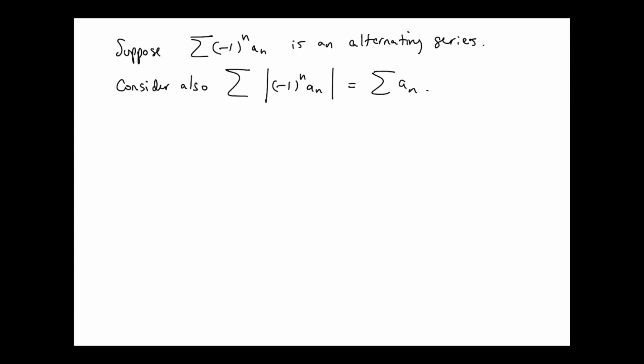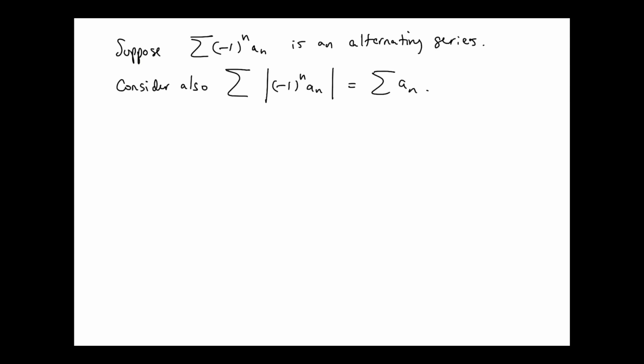That gives me a new series, the non-alternating version. Now I have two series on the table. What's possible? One of them could converge and the other diverge. They could both converge. They could both diverge, right? Makes sense. If I got two series, well, one might converge, one might diverge. I don't know.